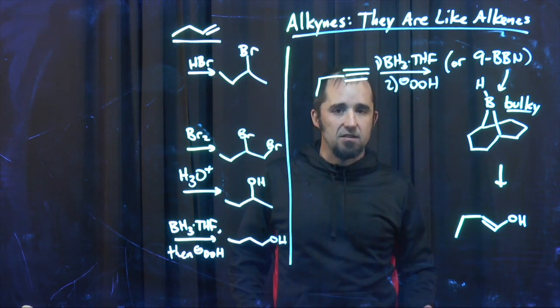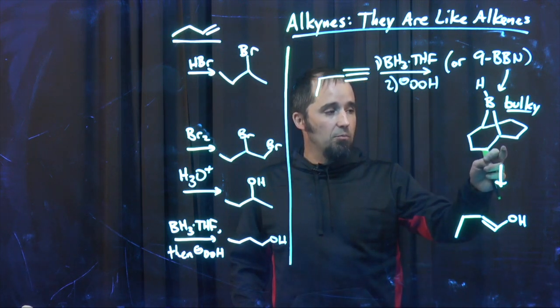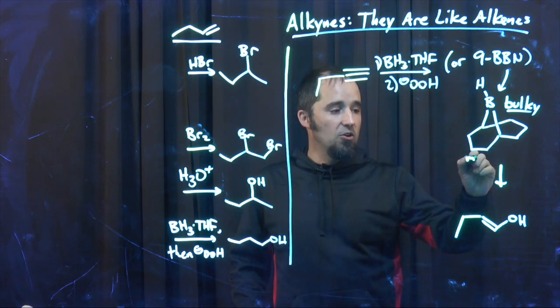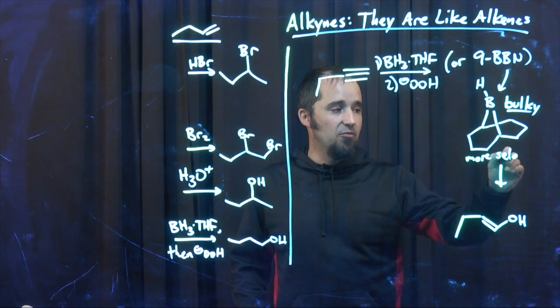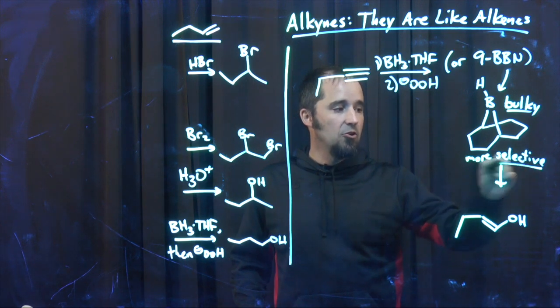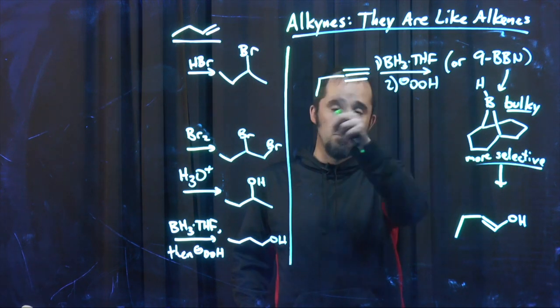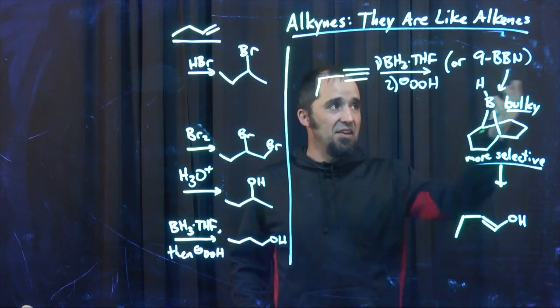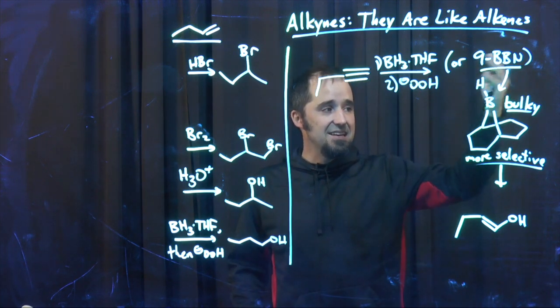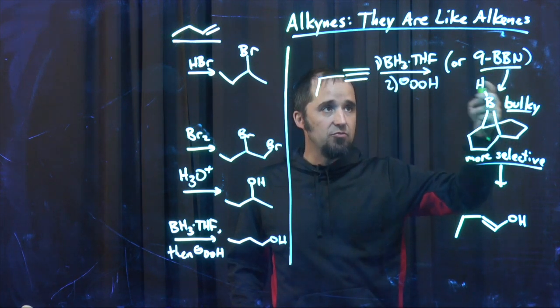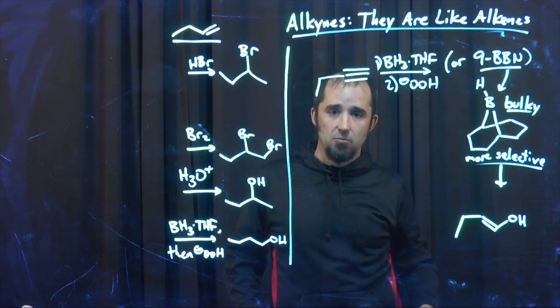But actually, sterics plays a pretty decent role in that too. The bulkier the borane is, the more selective it's going to be for that end carbon. So if you see 9-BBN, it's just a nice crystalline and bulky form of BH3.